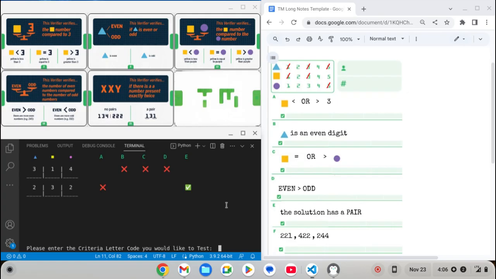Okay, well, let's see. What should I test? If I test A and it's a check, it could be either of these, forcing me to test criteria card C again. And if I test C, I think I'm going to have to test both A and C again.